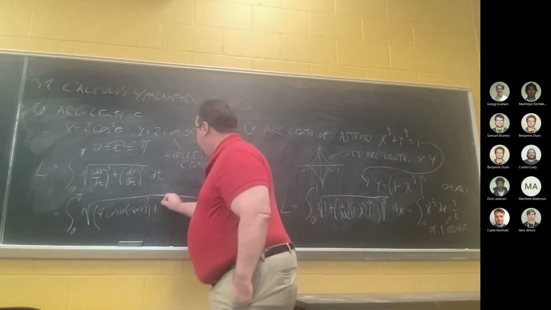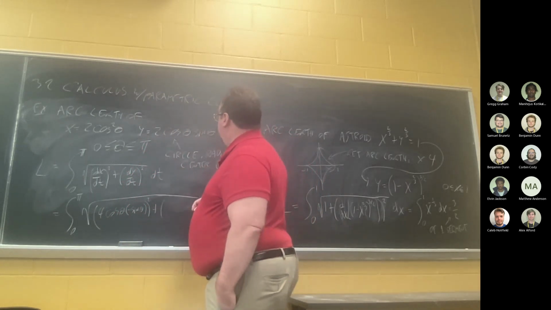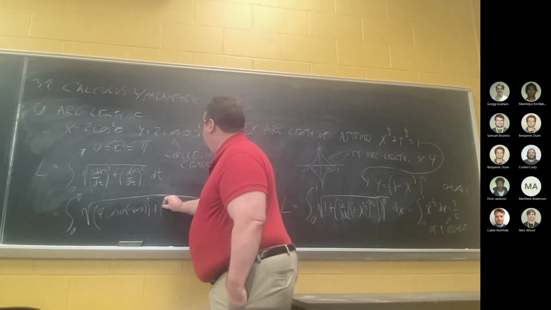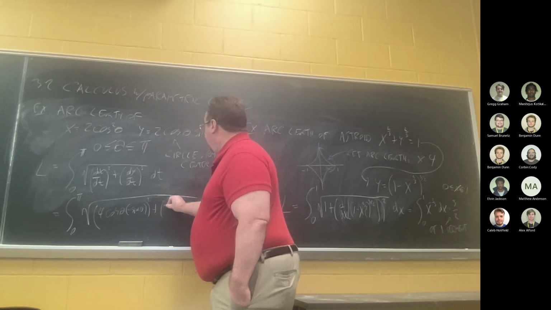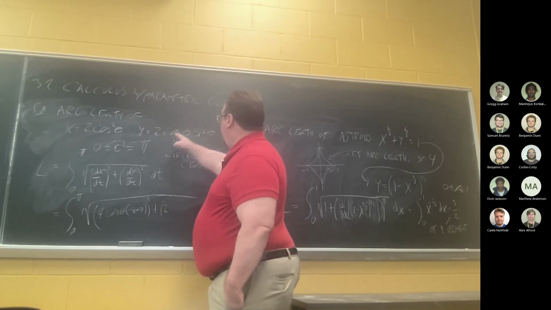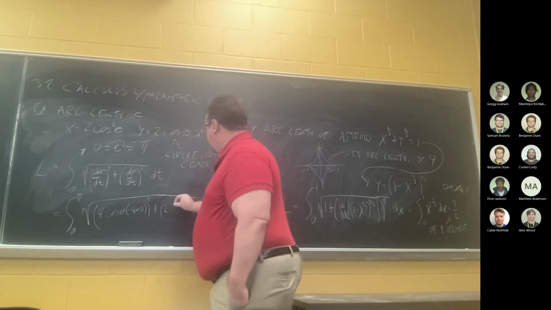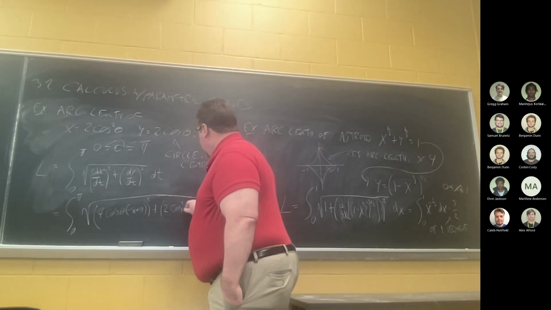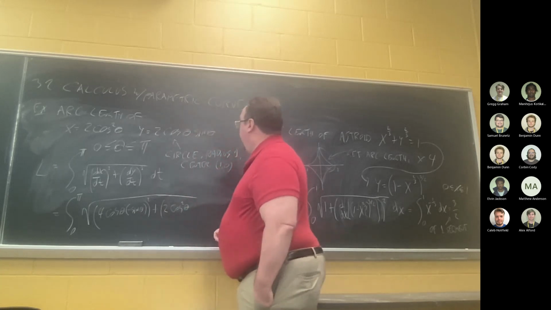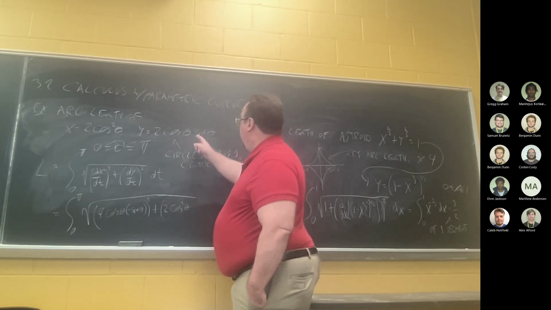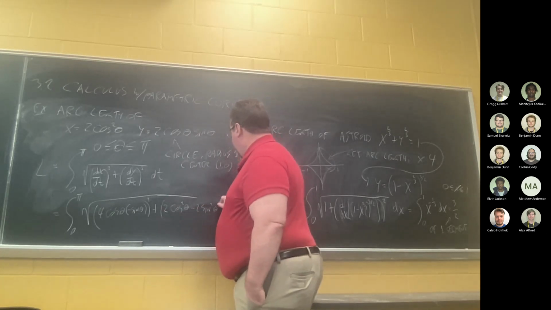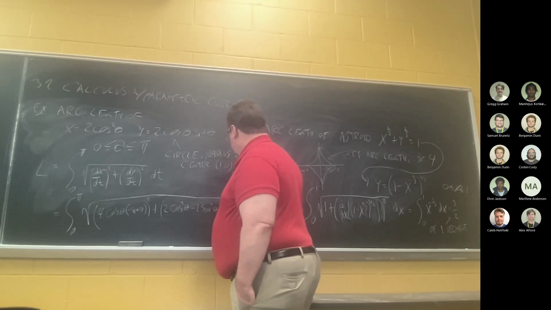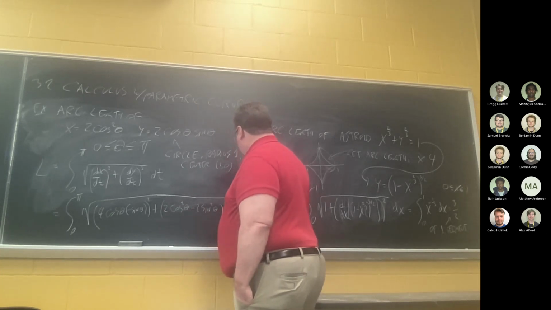And then for dy dt, we use product rule. So we have 2 times cosine times the derivative of sine, which is also cosine, and then minus 2 sine squared theta.